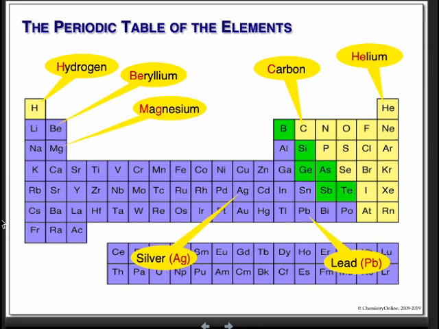Ag is silver, Au is gold, Pb is lead, Sn is tin, Sb is antimony. And over here, Li is lithium, that makes sense, but Na is sodium, very common. K is potassium. Let's see, copper is Cu, not Co, that's cobalt, and whatever.